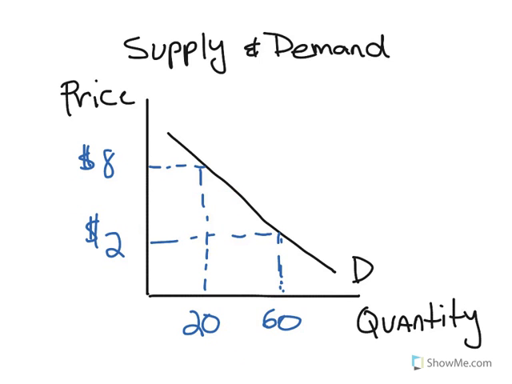So again, in this example, as the price falls from $8 to $2, the quantity demanded moves along the demand curve to increase from 20 to 60 units.